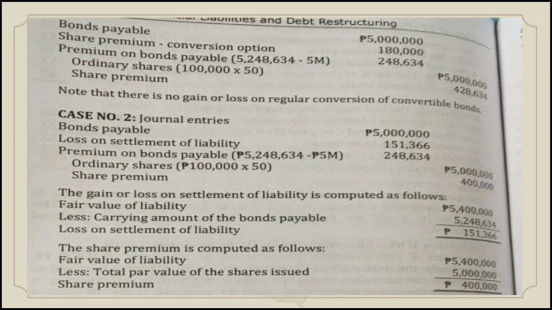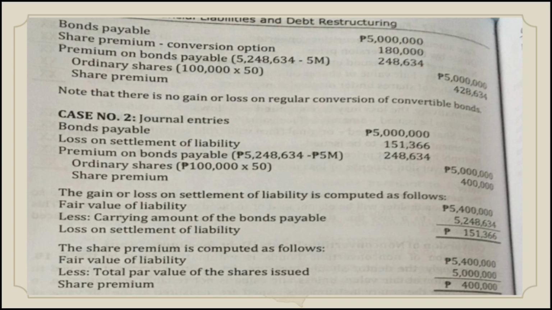And then, we also have to debit loss on settlement of liability. Because, as I've said, in the conversion of non-convertible bonds, profit or loss is recognized for the difference between the carrying amount of the financial liability, the part that was extinguished, and the measurement of the equity instrument issued. So, to get the loss on settlement of liability here, the formula is the fair value of the liability less the carrying amount of the bonds payable, and that gives the loss on settlement of the liability.